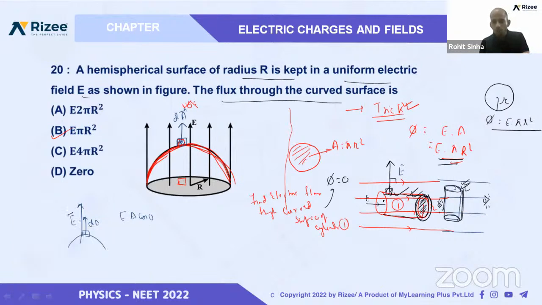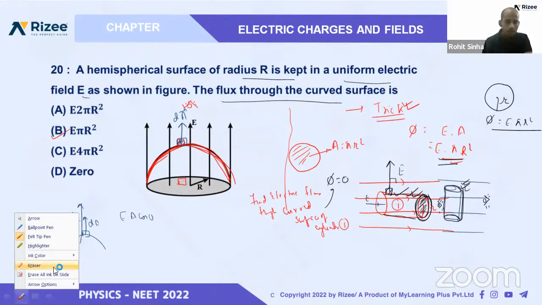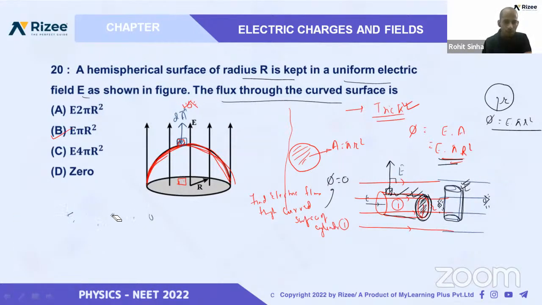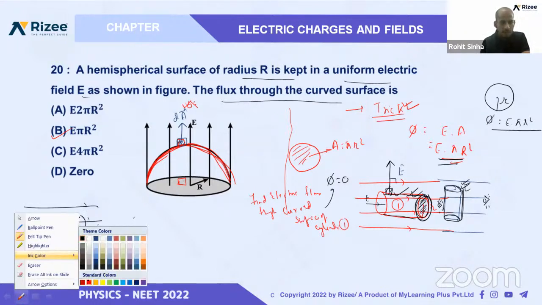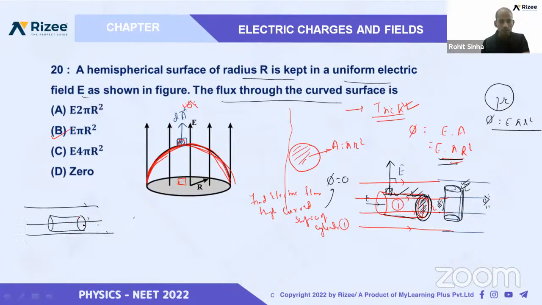I tell you once more. Actually, what I was telling, you should see. I will explain very shortly. Please look. If there is an electric field present like this, and there is one cylinder here like this, and we have to find the flux through this cylinder, what we do is take the area here.